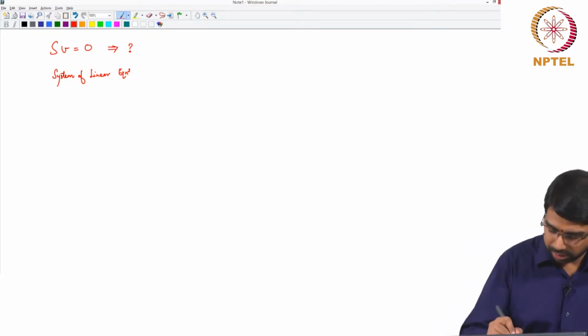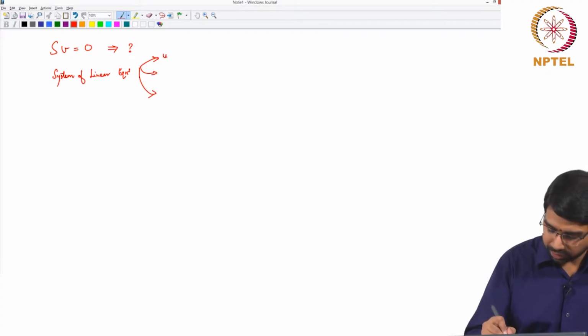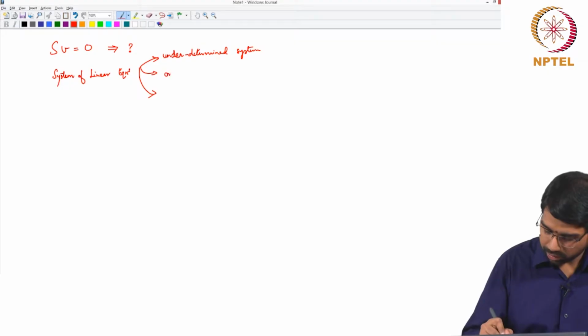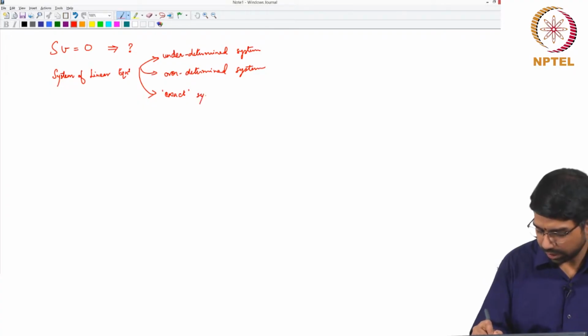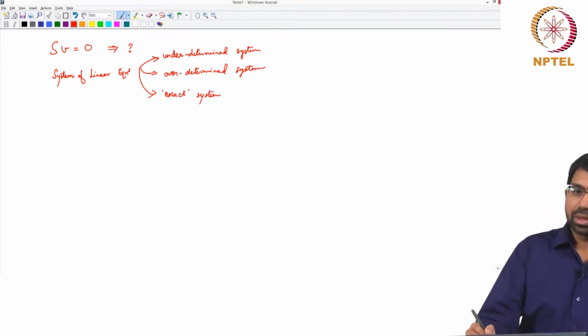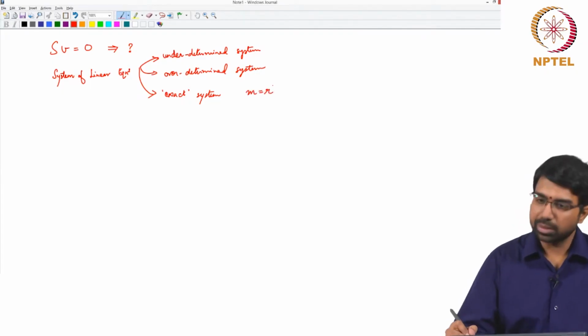The moment you have a system of linear equations, you could have an underdetermined system, or an overdetermined system, or what you could call an exact system, right. So, this is M equal to R.